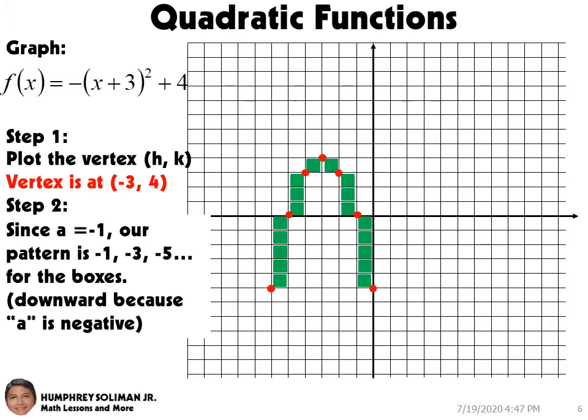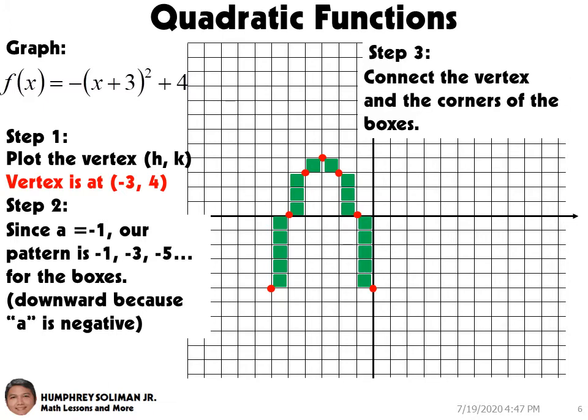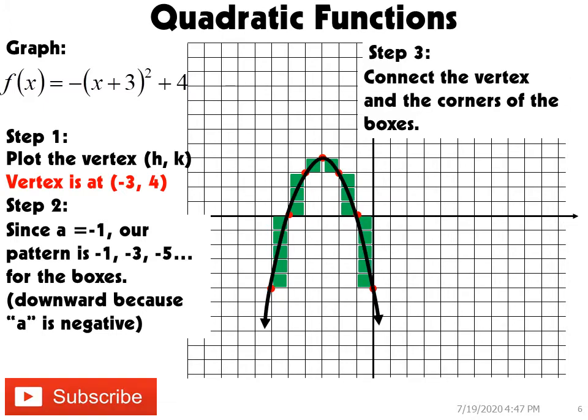Each box that we draw corresponds to one unit of our Cartesian coordinate plane. And step number 3, we connect the vertex and the corners of our boxes. Do not forget to put the arrowheads at the ends of your quadratic function. The arrowhead means your line will extend to infinity.